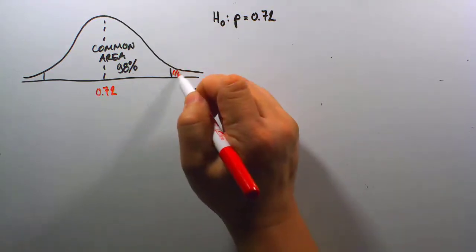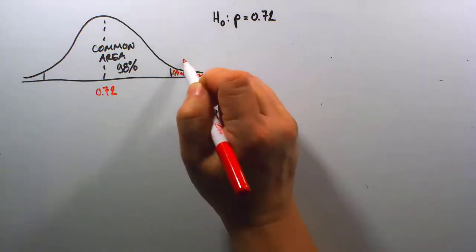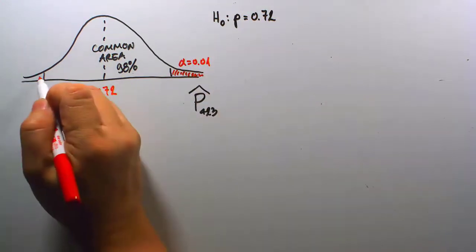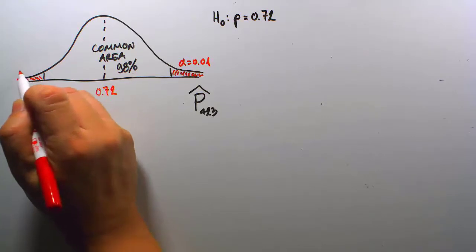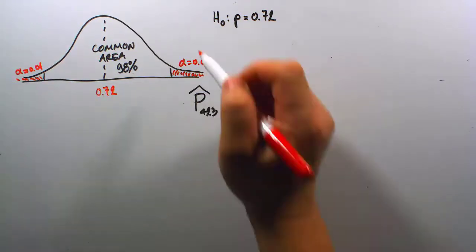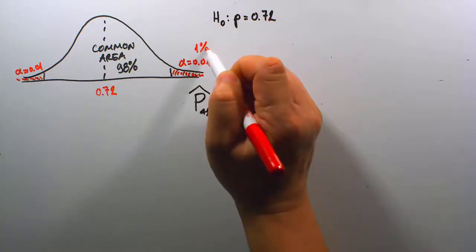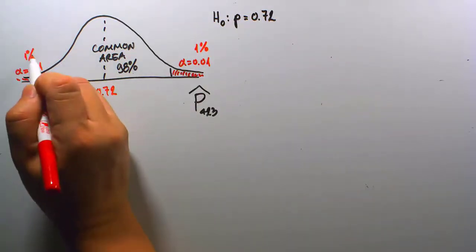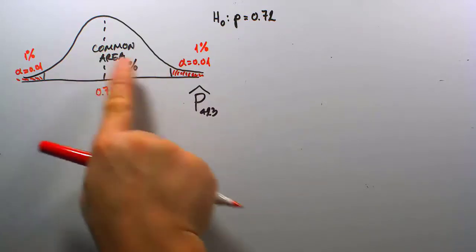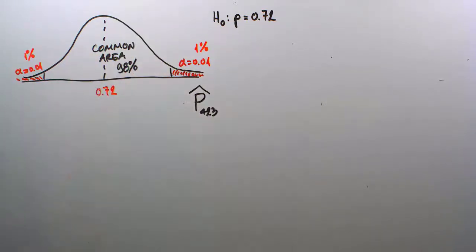we already knew that there's a 0.01 area here, and another 0.01 area here, or we can think of these as 1% area here and 1% area there. And that's why I had this common area in the middle to be as large as 98%.